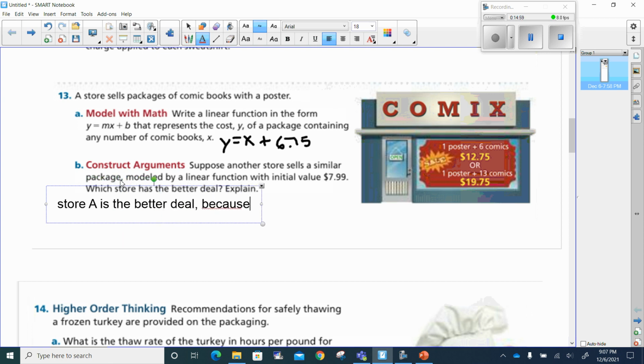Because we are paying more for the poster at the other store.